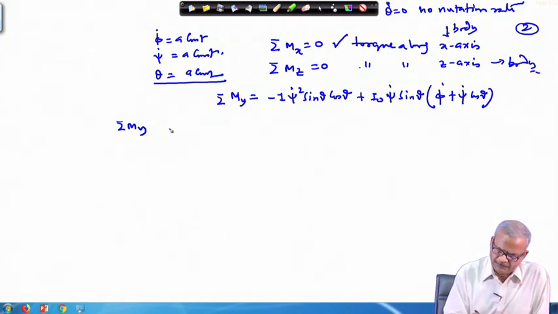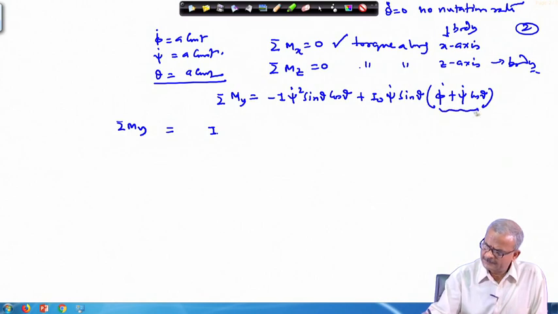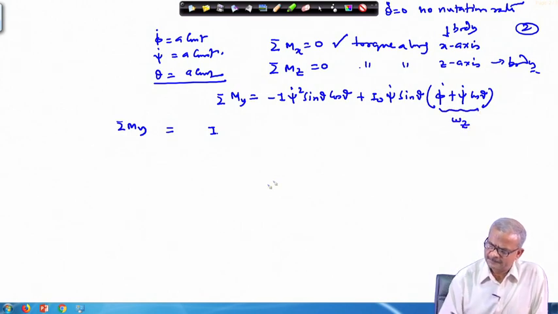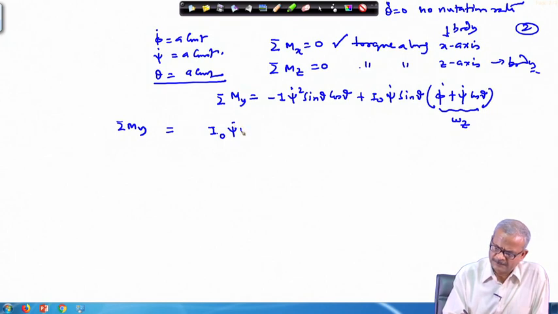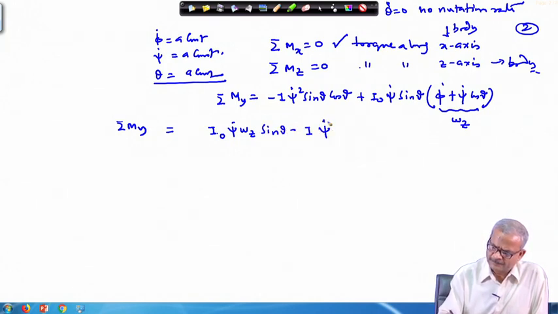So, if we rearrange it, we can write this quantity as your omega z. So, we can write it in a simple way, I 0 times psi dot omega z times sin theta minus I times psi dot square sin theta into cos theta.